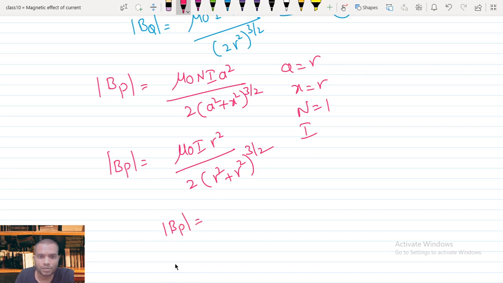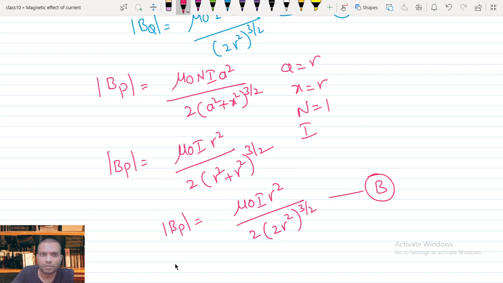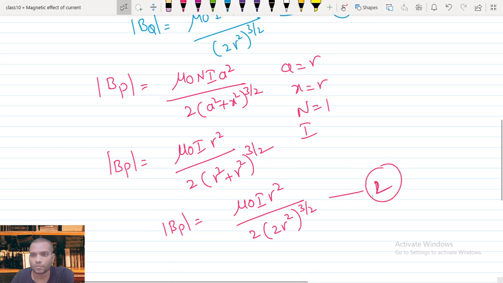Simplifying further, mu naught I r square upon 2 times 2r square whole power 3 by 2. Let this be equation 2.